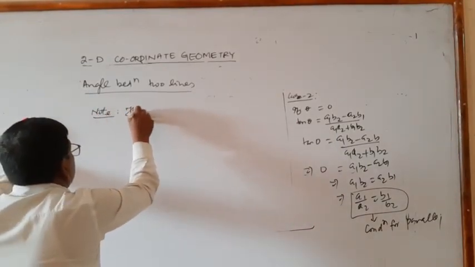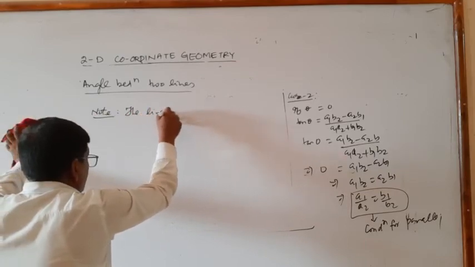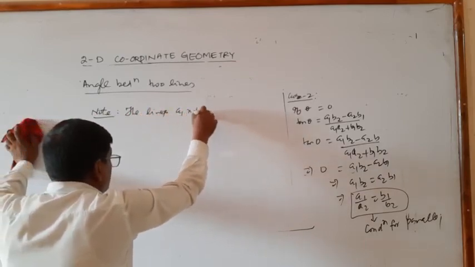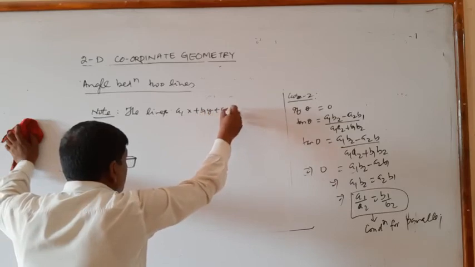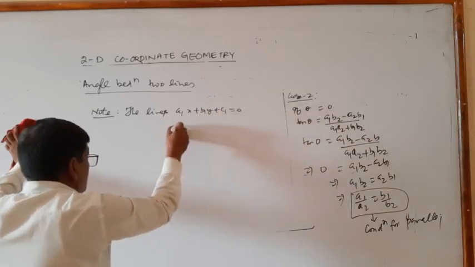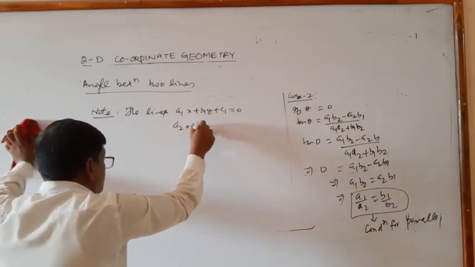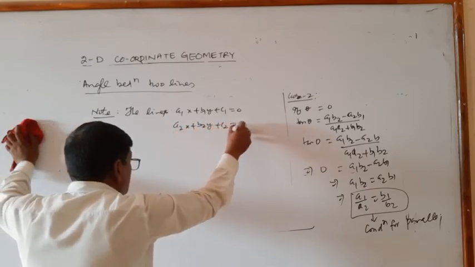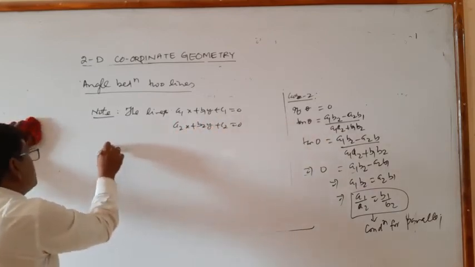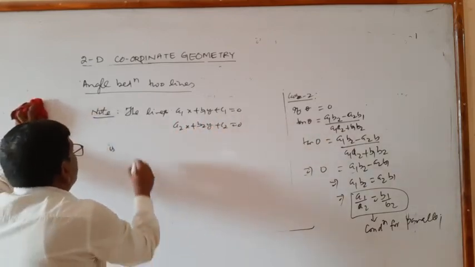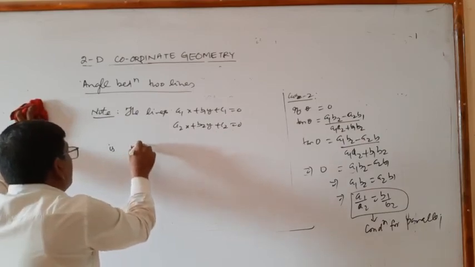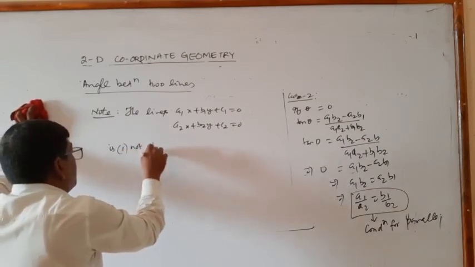The lines a1x plus b1y plus c1 equal to 0 and a2x plus b2y plus c2 equal to 0 are, first, not parallel.